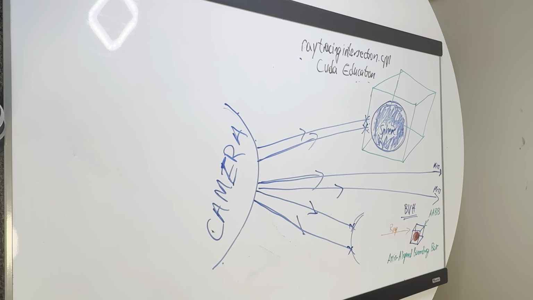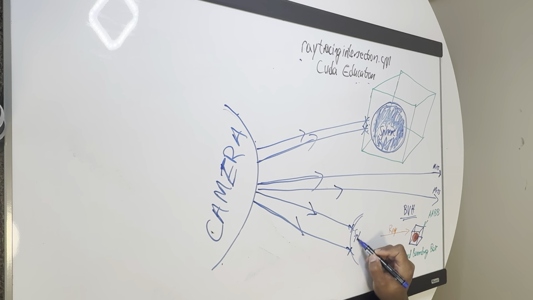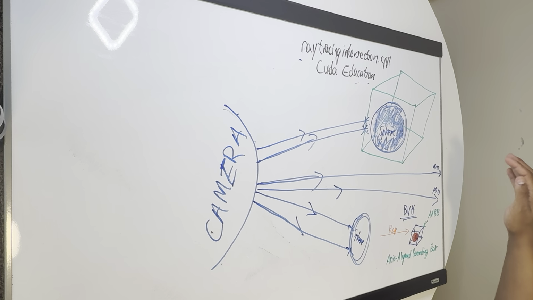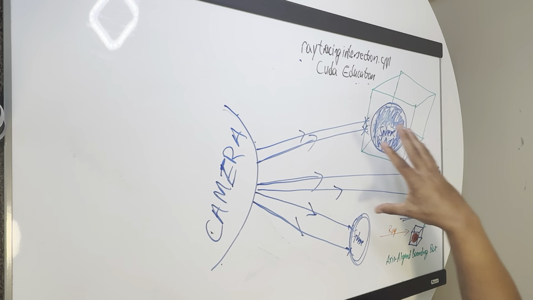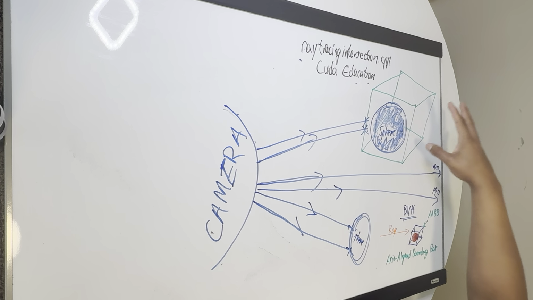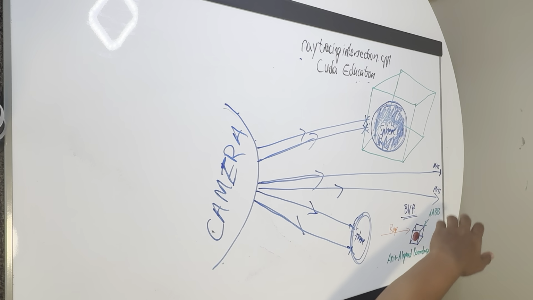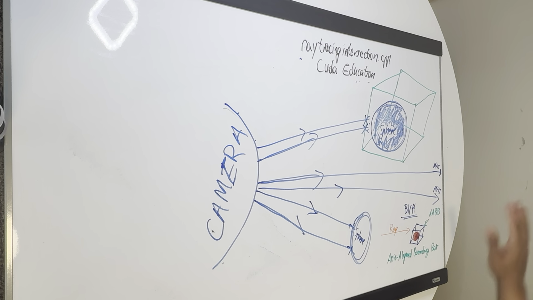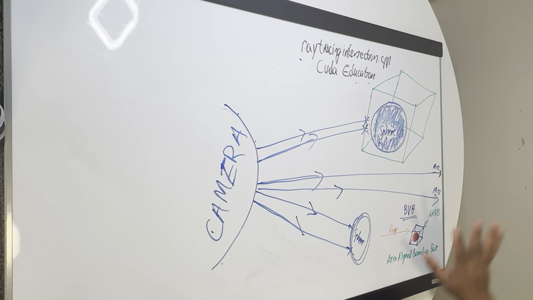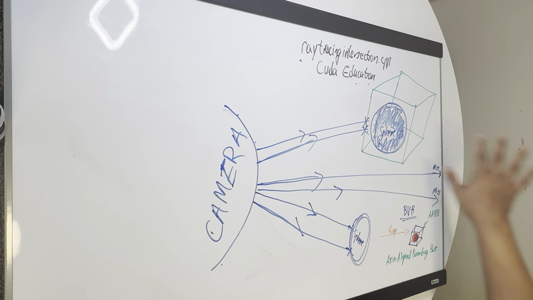We want to differentiate between rays that miss and rays that are in the vicinity of the sphere. For rays that miss, they traverse the scene and we have processing for that.